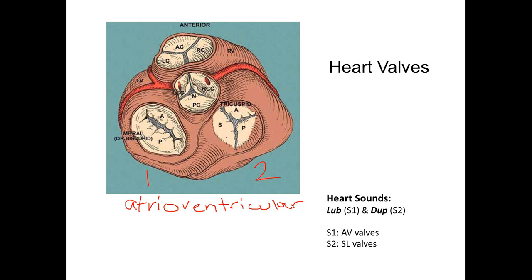You can see the types of valves here: the mitral, or what we call bicuspid valve, bicuspid because it's got two components to it, and this is the tricuspid because it's got 1, 2, 3 cusps.